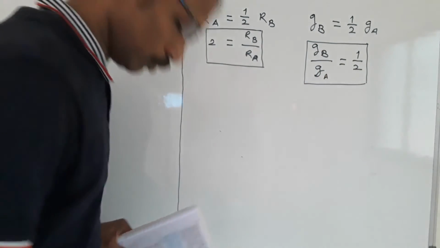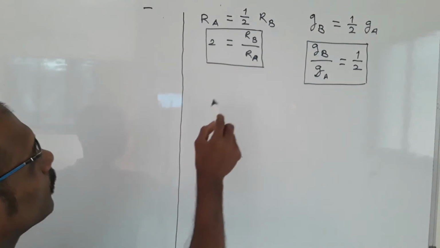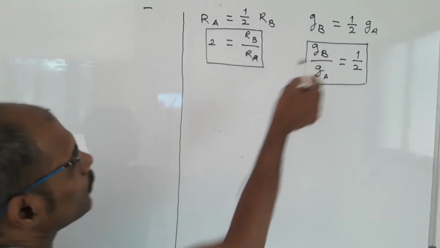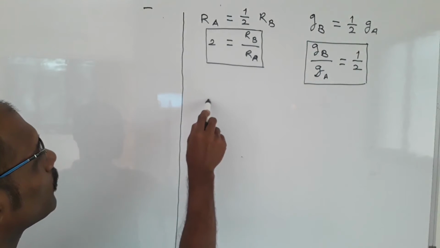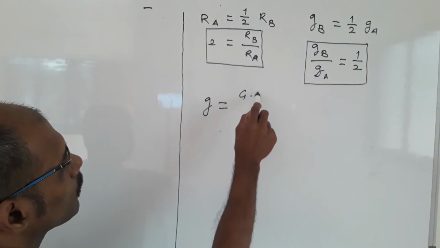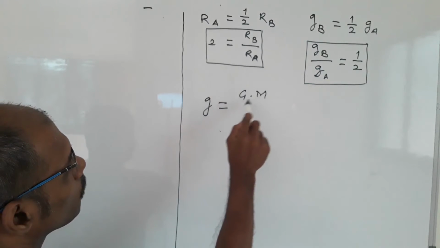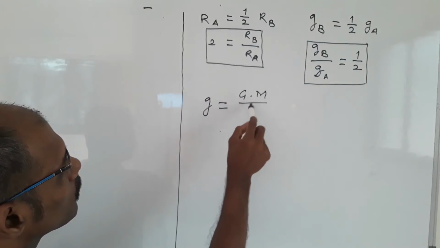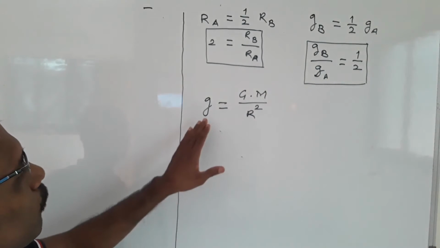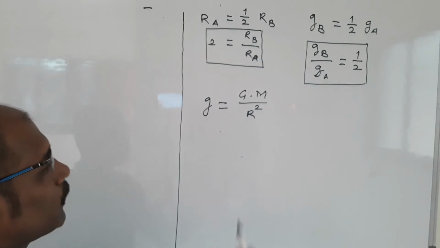Now here we write the formula for this g, acceleration due to gravity. g is equal to capital G into capital M upon, see this, R square. This is our formula for acceleration due to gravity.